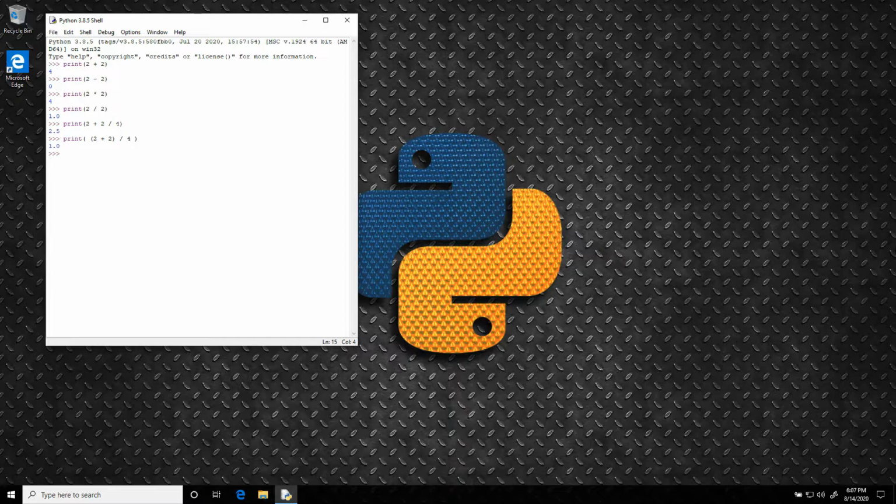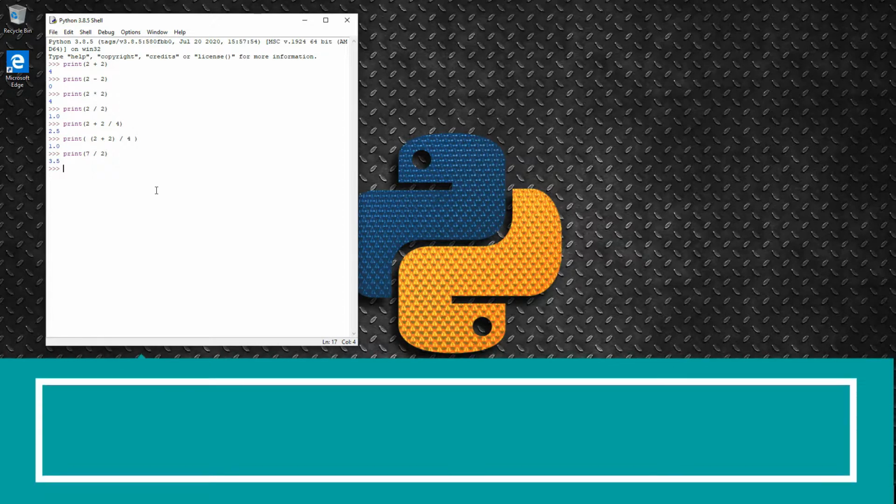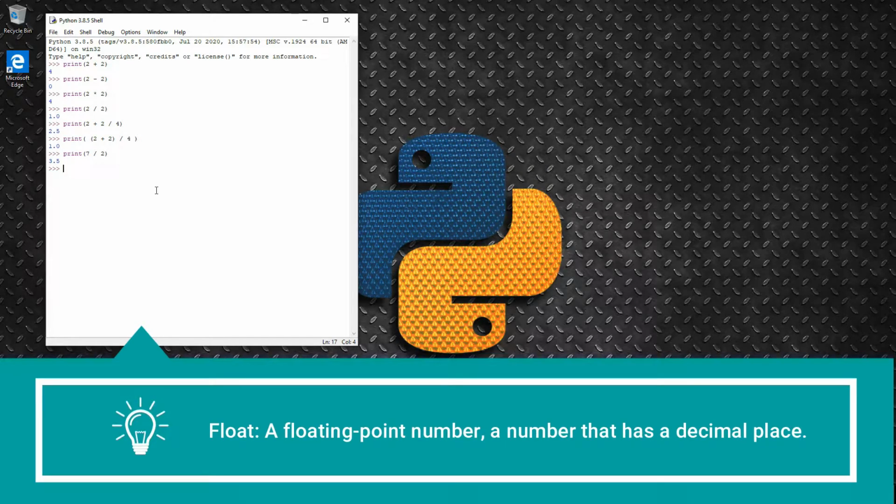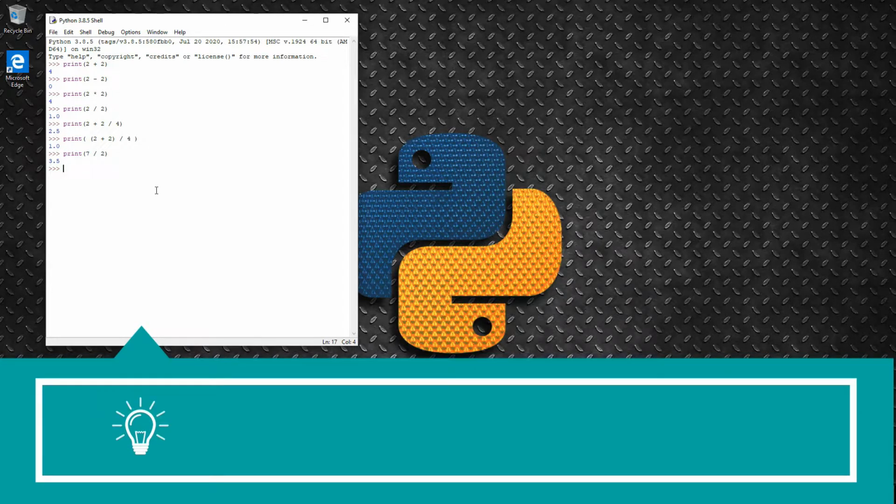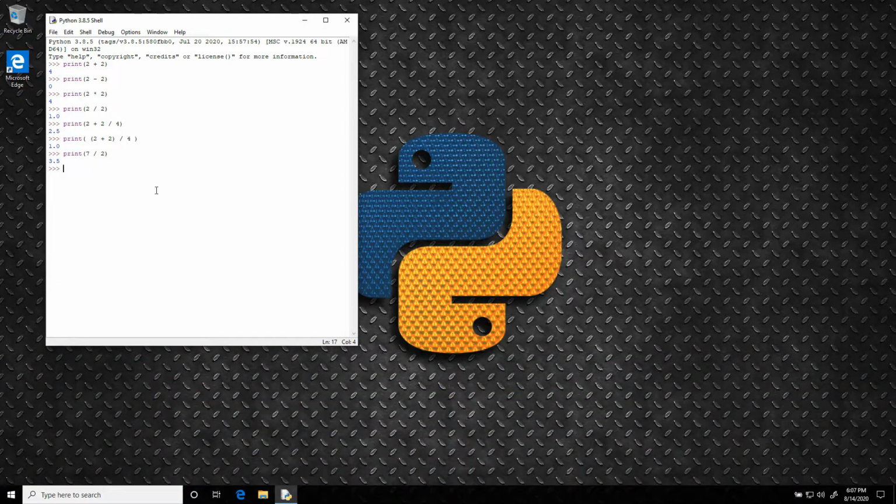However, when we do this in Python, which you can type out as print 7 divided by 2, we get 3.5. Notice how that's a decimal number. Decimal numbers are also called a float in programming. So we could also say we got the float of 3.5. We call them floats because the decimal appears to be just floating there.